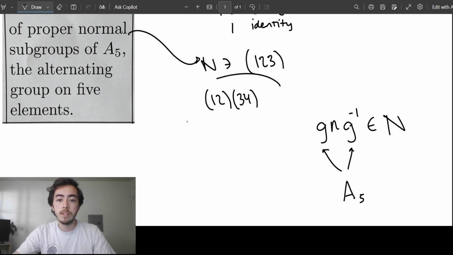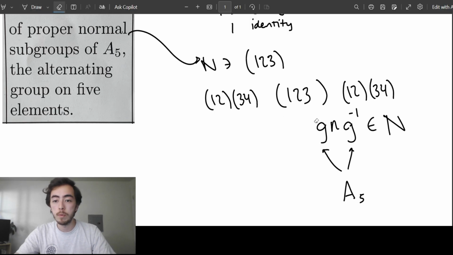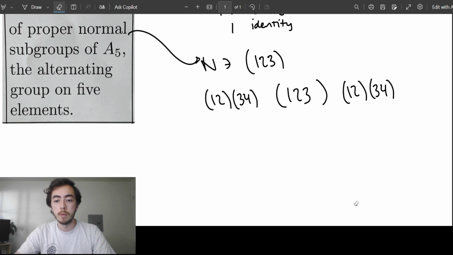So these elements in A5 are self-inverses, because when you apply it once and then again, you essentially do nothing. So these are going to be my testing values for g and g inverse from A5. And then I'm hoping that once I stick this (1 2 3), supposedly from my normal subgroup, in the middle, I get an element back from my normal subgroup.